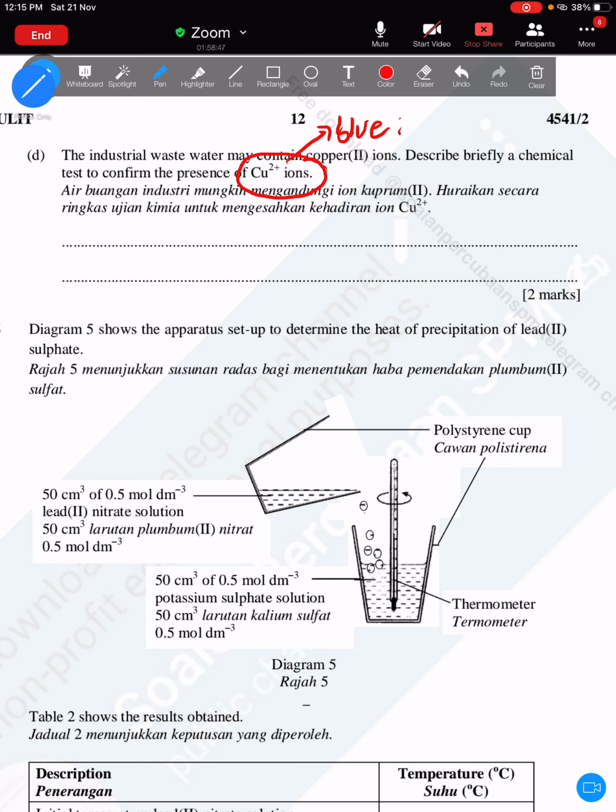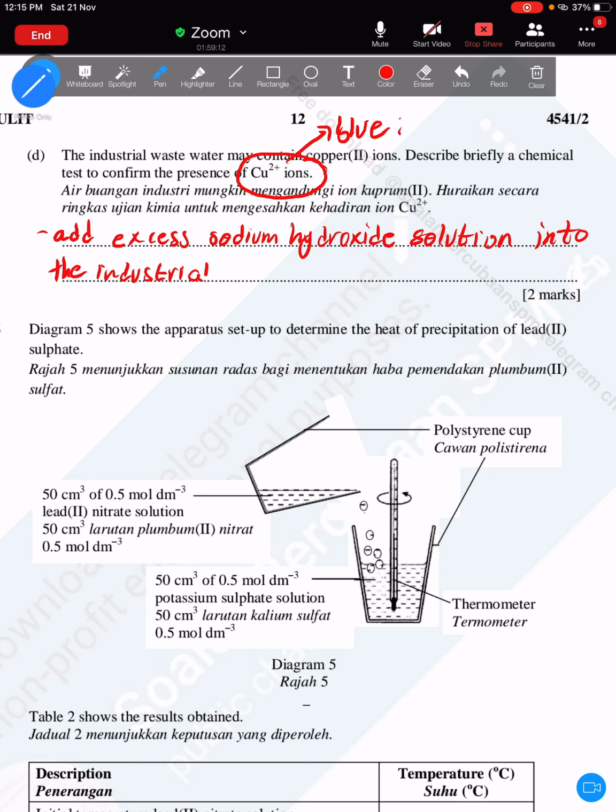So I will say: add excess sodium hydroxide solution into the industrial waste water.